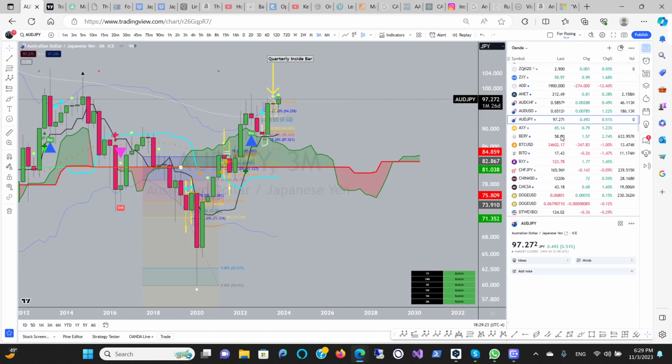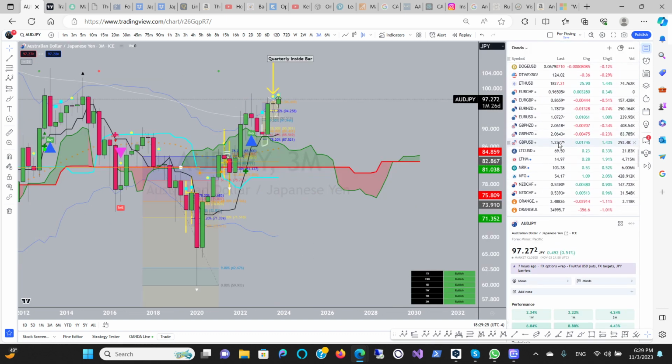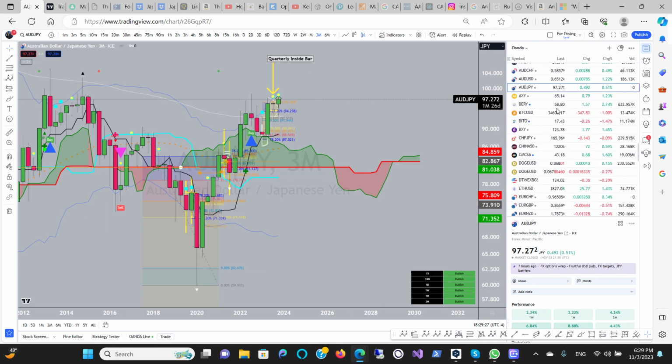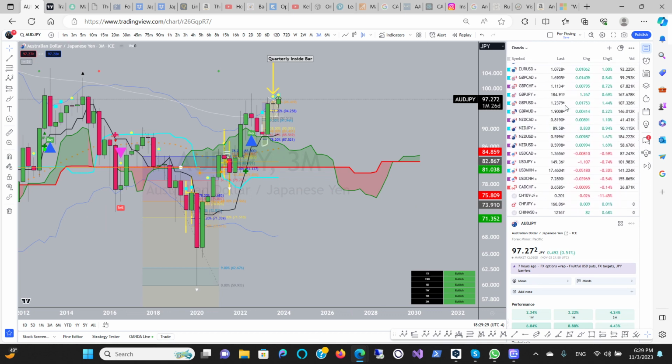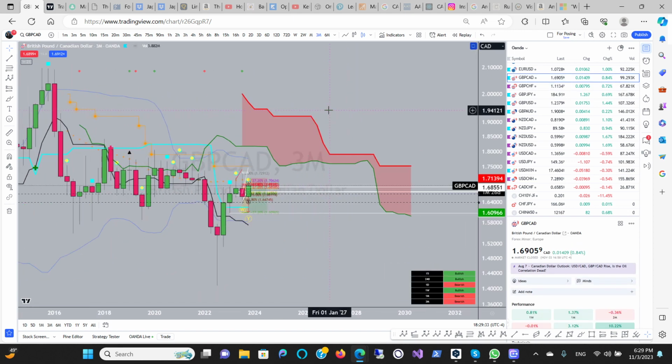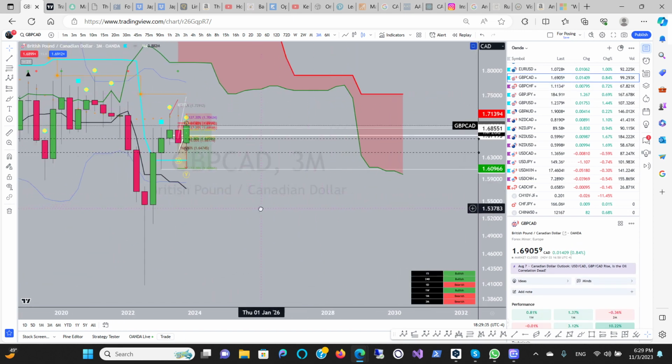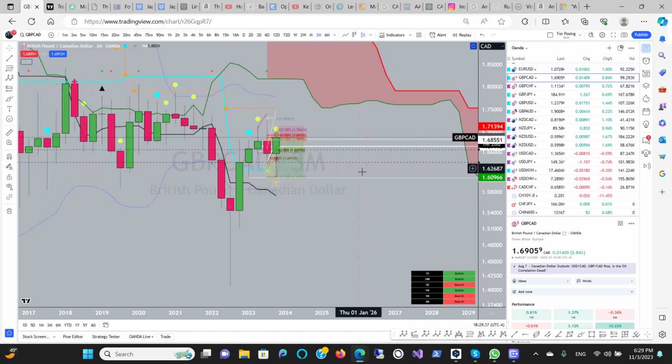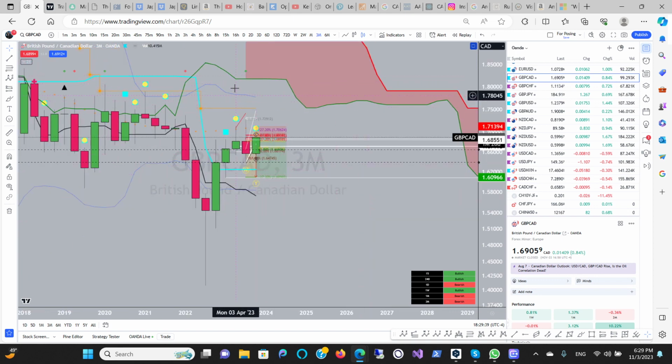If we look at another market, let's say the market I'm looking at is GBP CAD. It was here, April 2023.